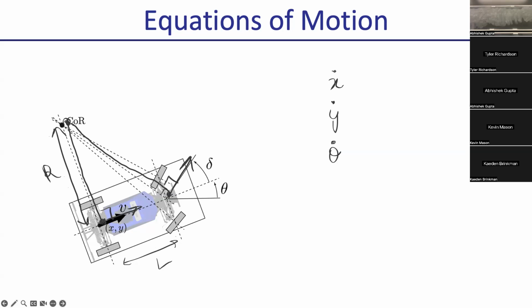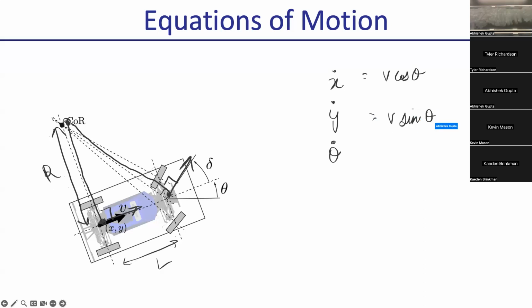You know the V, you know the theta. What is the instantaneous change in X? Yeah, V cosine theta, perfect. Excellent. X dot is V cosine theta. Now what is Y dot? Just say it. V sine theta. Great.